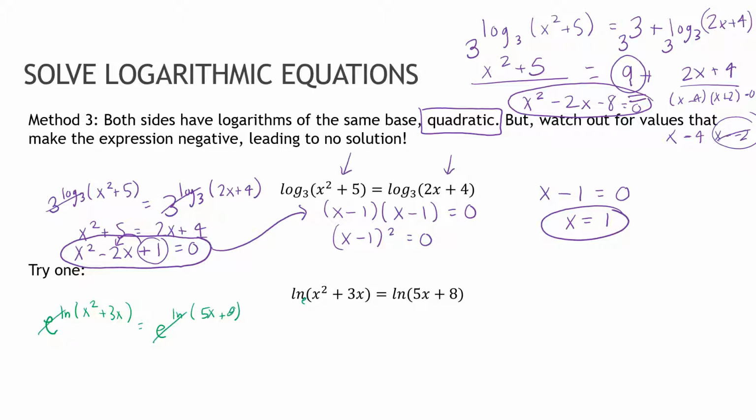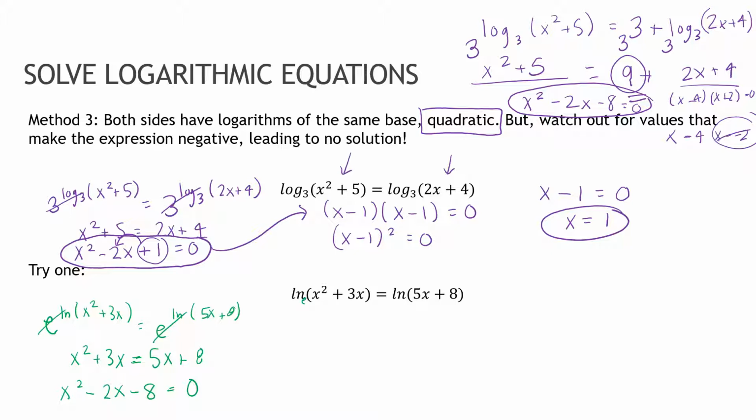These guys go away. That gives me x squared plus 3x equals 5x plus 8. I'm trying to get everything all to one side of my equation. So x squared, I'm going to subtract 5x, so that's negative 2x. I'm going to subtract 8. And now I have it equal to 0.